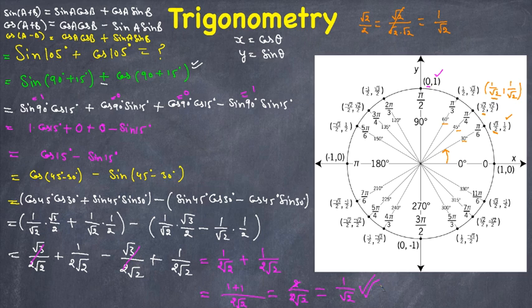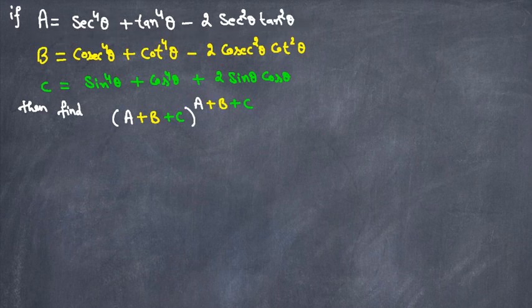Alright, let's move to the next example. This one we already did, so we are on this one. They give you a, b and c, and they said find a plus b plus c raised to power a plus b plus c. So it looks very confusing, but it's a very simple problem.